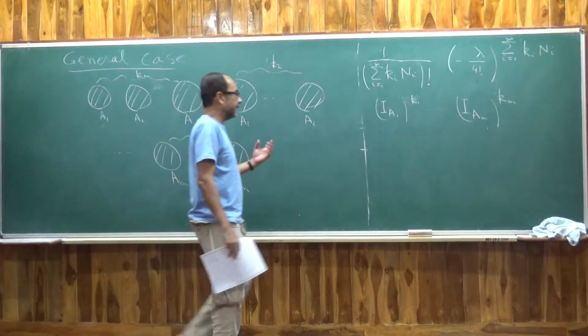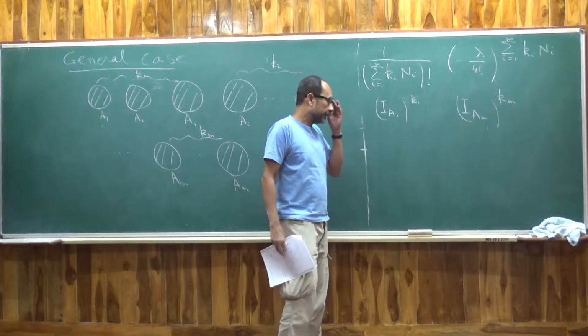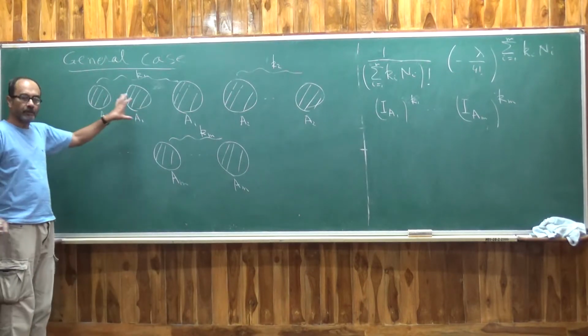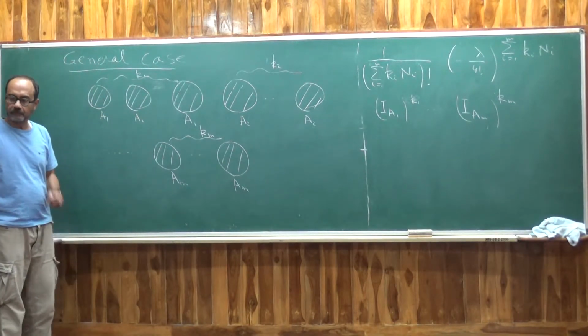And now you have to look at the extra combinatorial factor that comes in this diagram, which wouldn't have been included in the individual bubbles.